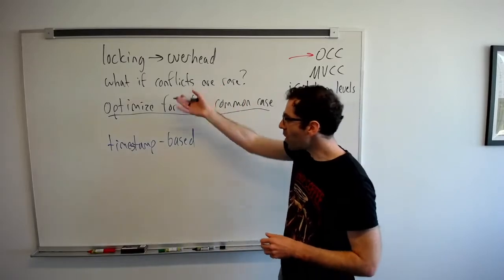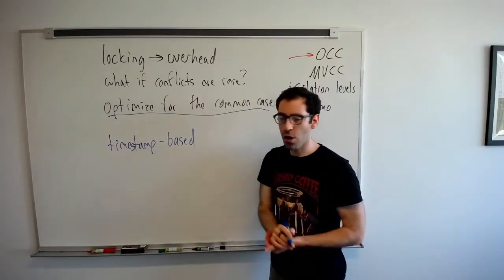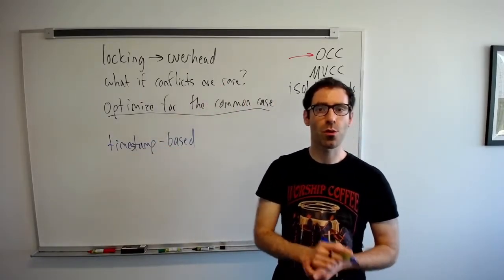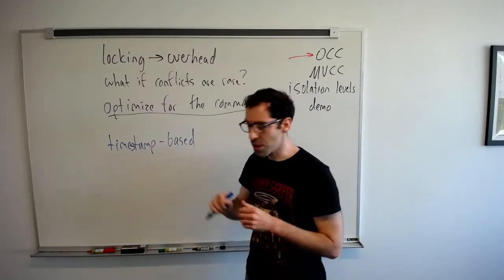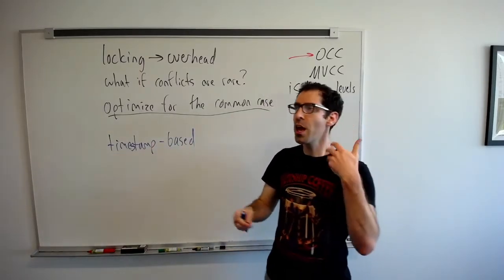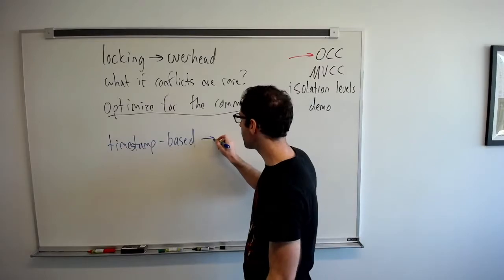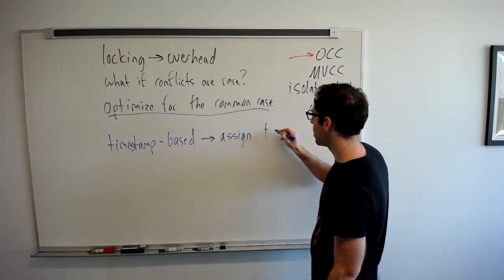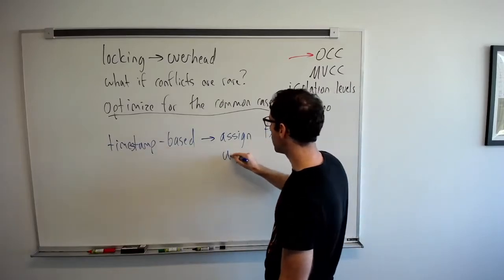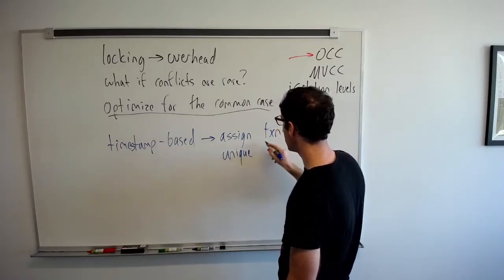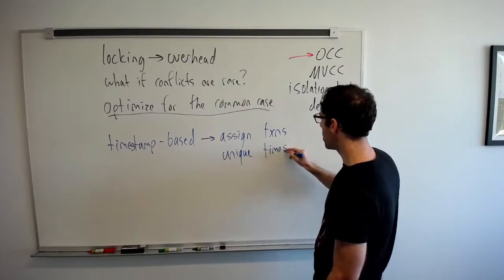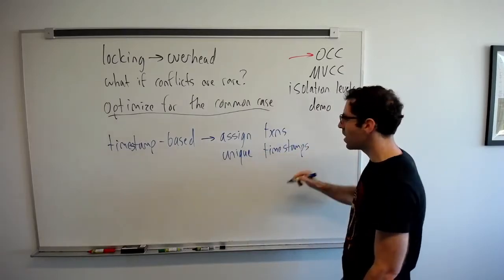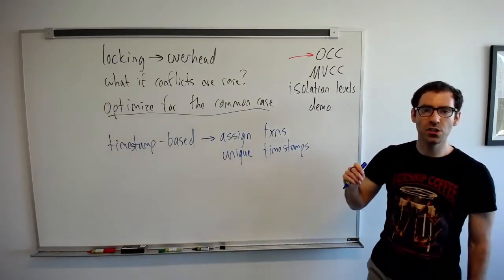So we did that with locks and two-phase locking, and for our optimistic concurrency control, we're going to be using this timestamp-based approach. And what this means is that we're going to assign transactions unique timestamps.